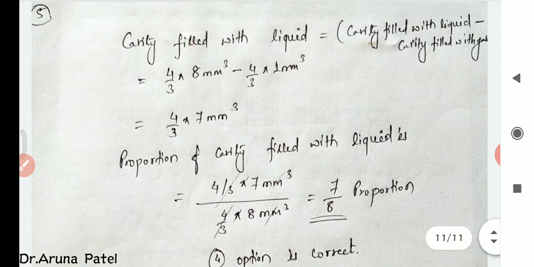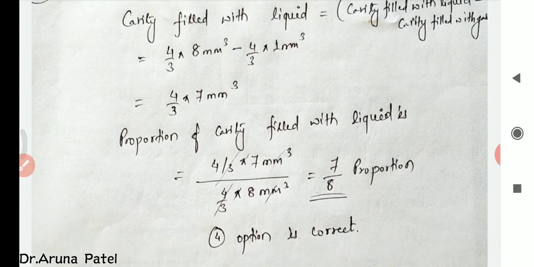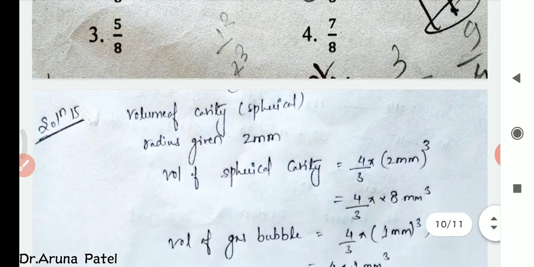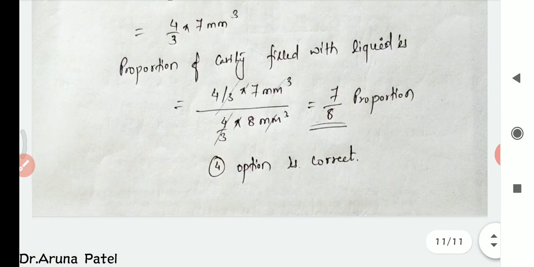Now the proportion of the cavity filled with liquid is 4 by 3 pi 7 mm cube over 4 by 3 pi 8 mm cube. On simplifying you get the proportion 7 by 8, which is given in option number 4. So this is the correct answer for this question.